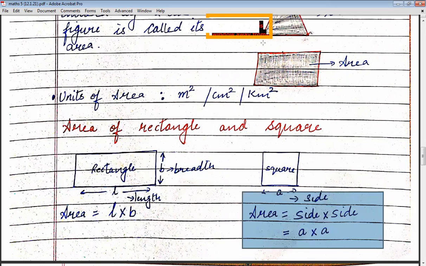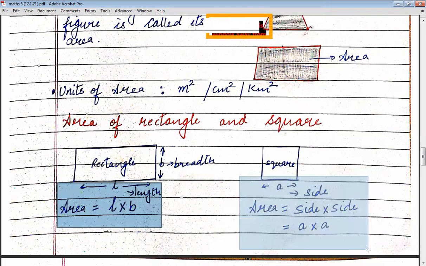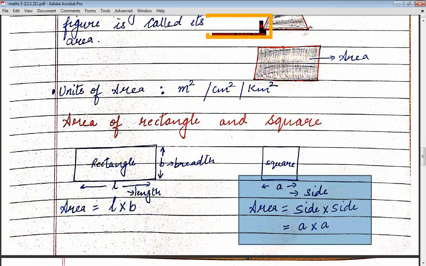Area of the square is side into side. You just have to multiply side 2 times. Okay. So the area of rectangle is length into breadth and area of square is side into side.